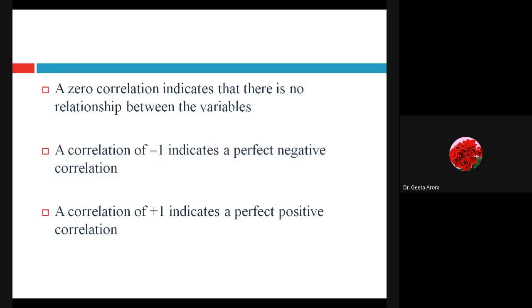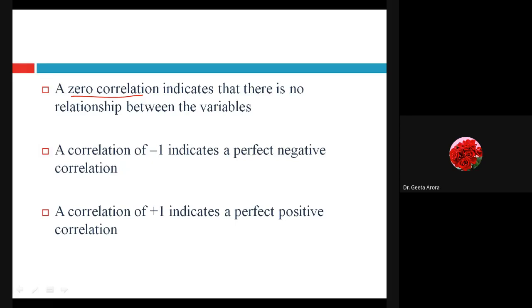Now when we are talking about +1 to -1, when correlation is 0, a 0 correlation indicates that there is no relation between the variables. Correct?